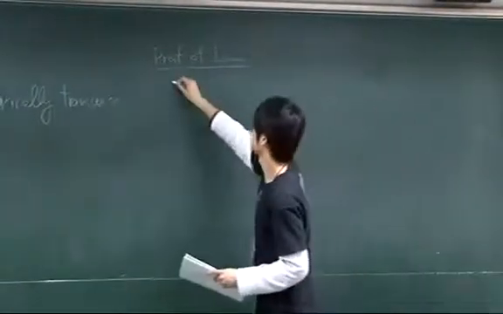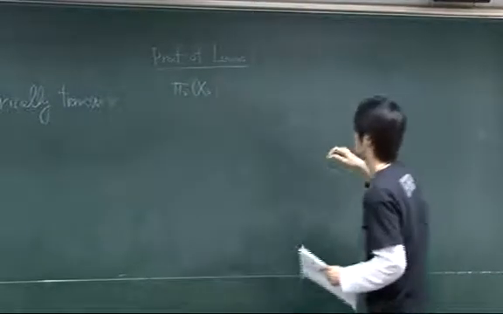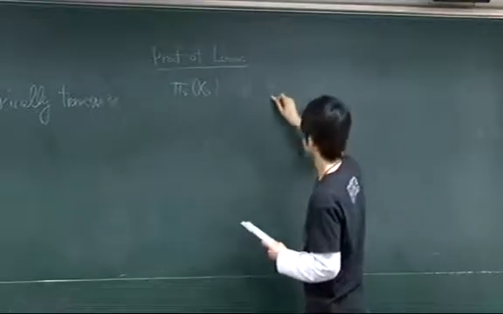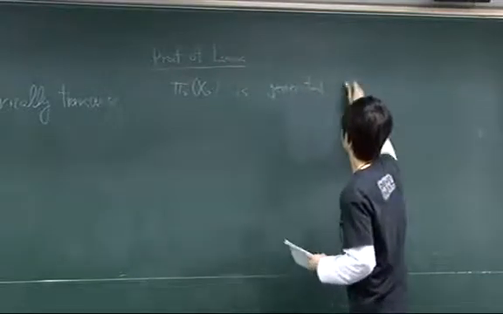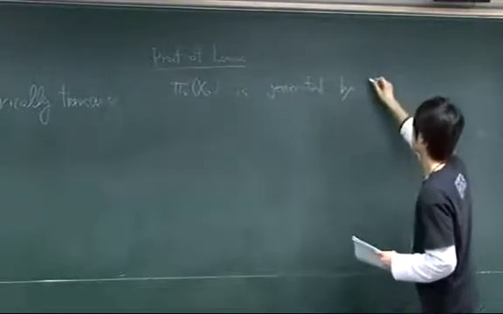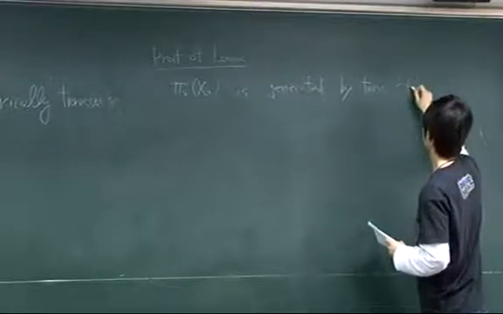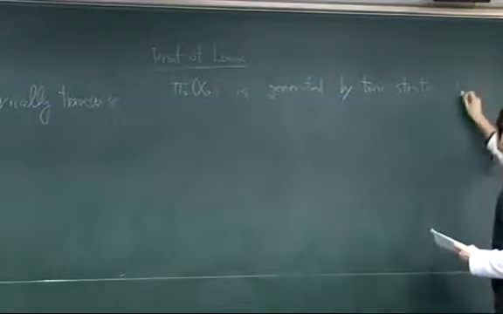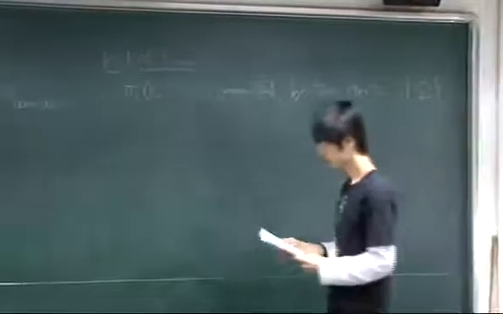First, the second homotopy group of a toric variety is generated by toric strata, and we write them as S_i.